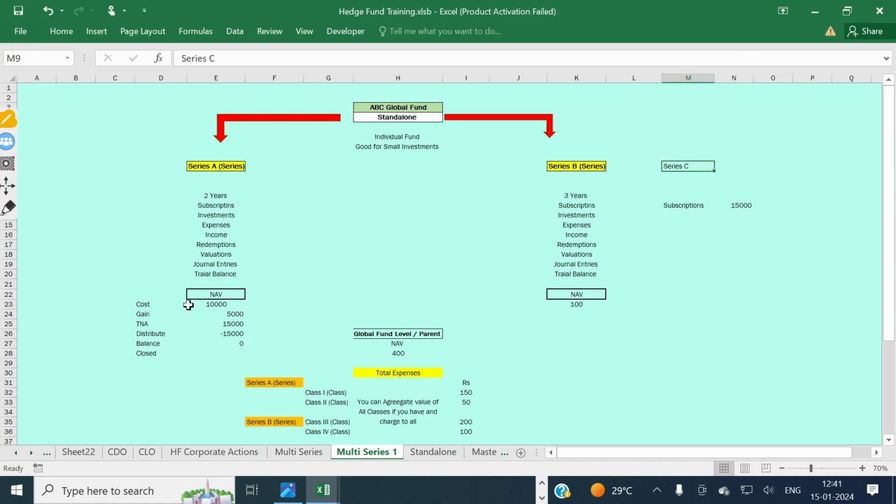So compute means open, calculate. Then once that series matures, redeem it, and again create a new series and shift the entire fund there if the investor wants to continue. If not, process the redemption, ask investors to accept it, and your job is done with that particular series.